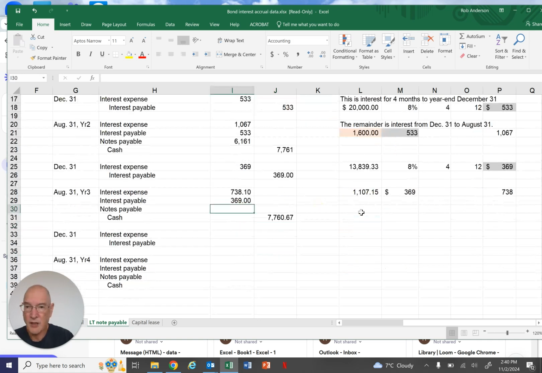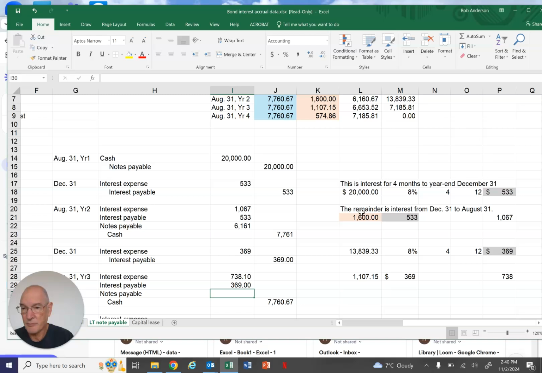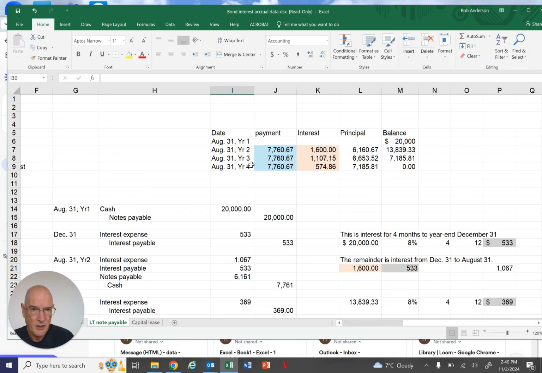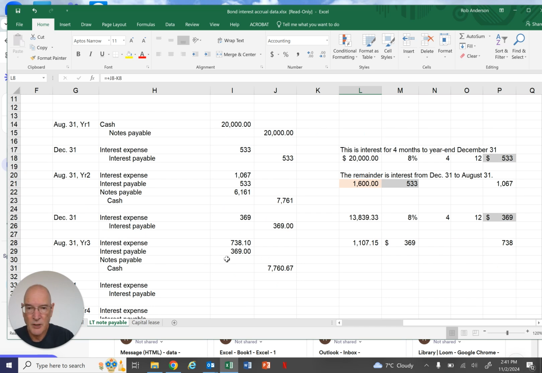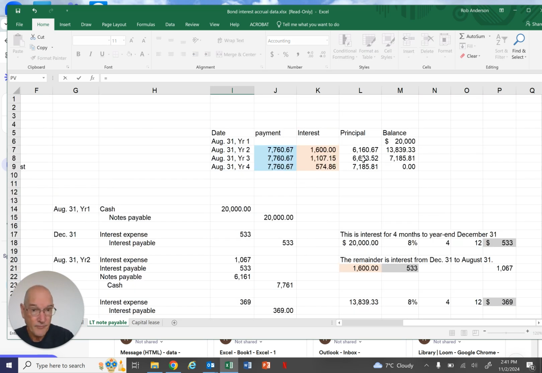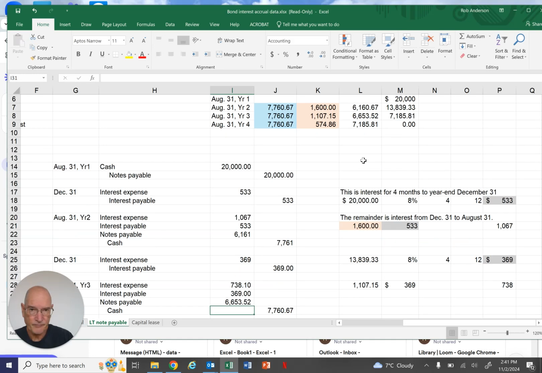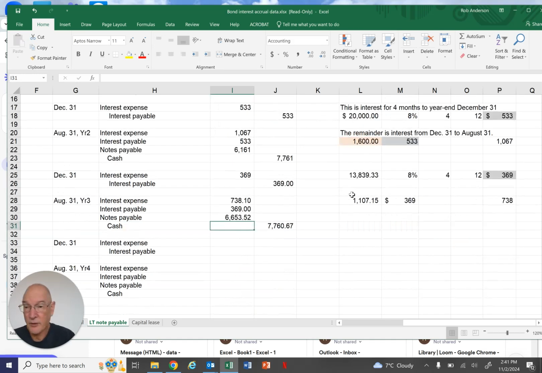Now, how much did our note get repaid? Well, the note repayment here was $66.52. So that's how much our note went down. So I'm going to put that in. And what I'd like you to notice is that we're just picking up numbers from our amortization table. If you do an amortization table, this is all going to work great.